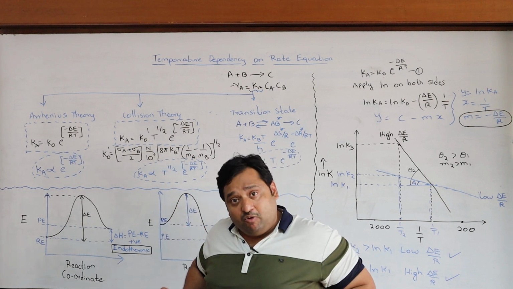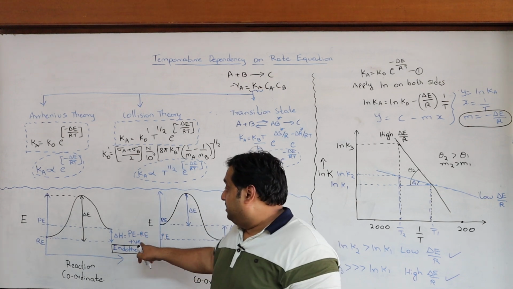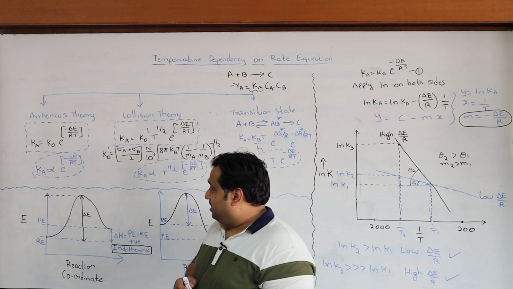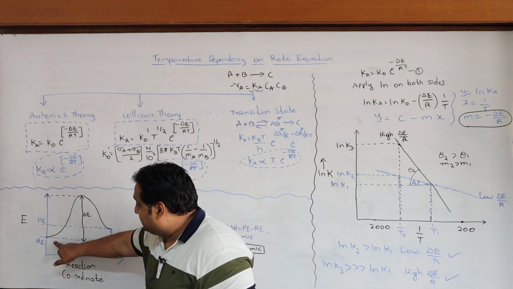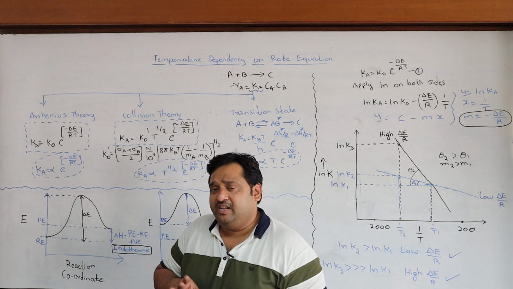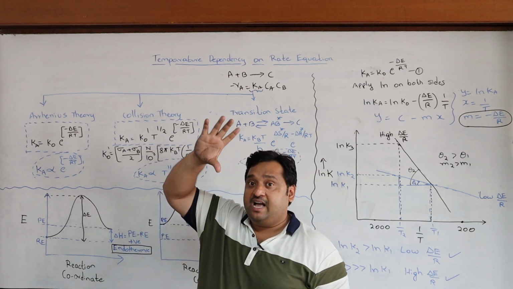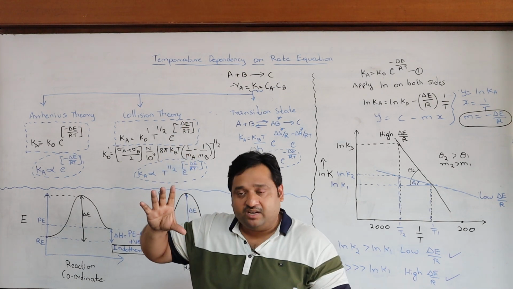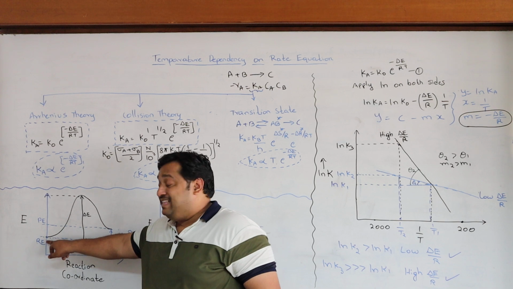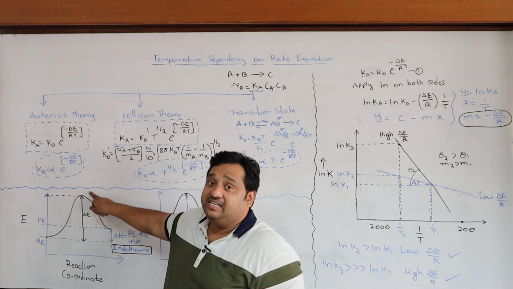Whenever you have to supply energy for the reaction to happen, delta H is positive, and that means an endothermic reaction. Endothermic is such a reaction where delta H is positive: the product has higher energy and the reactants have lower energy. And before the reactants go to the products, they have to go through this activated state.